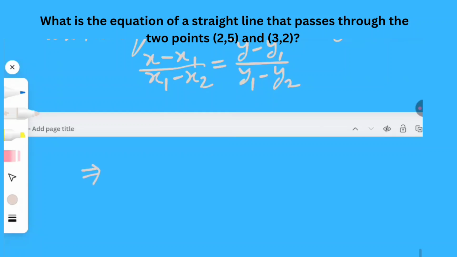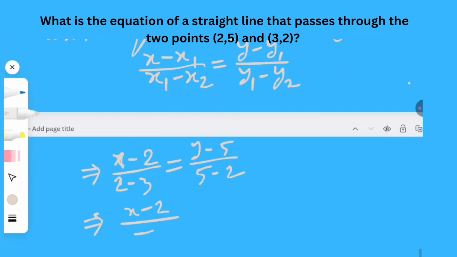So (x minus 2) divided by (2 minus 3) equals (y minus 5) divided by (5 minus 2), which implies (x minus 2) divided by minus 1 equals (y minus 5) divided by 3.